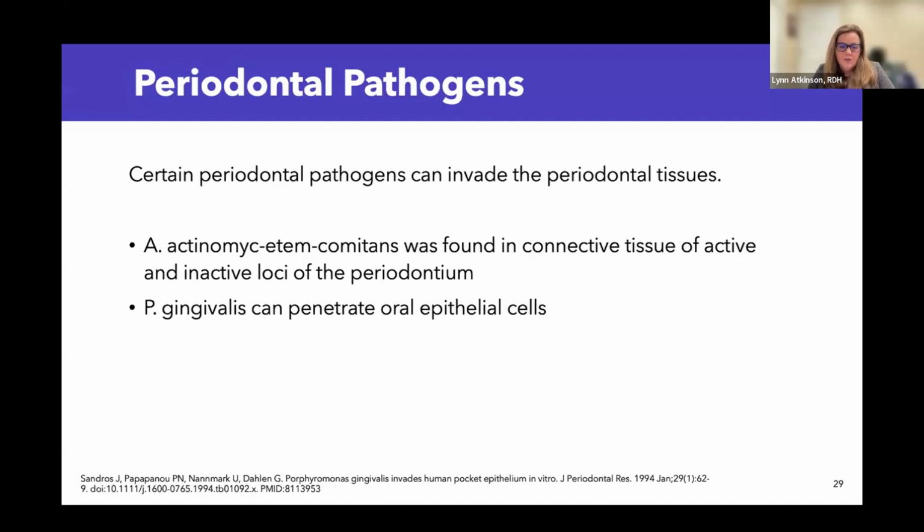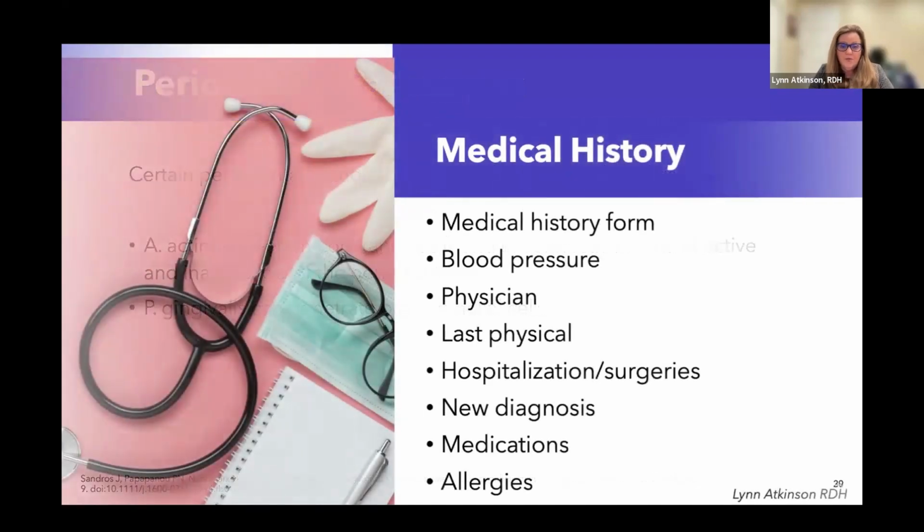So I think with guided biofilm therapy, we're trying to remove as much of that biofilm as we can in all the nooks and crannies and on the tissues, and then going in with a laser and actually having that get to that embedded bacteria and that biofilm, especially that embedded pathogenic bacteria. And P. gingivalis can penetrate oral epithelial cells. Again, really important, because we know that lasers can help us out with that, as well as the guided biofilm therapy.